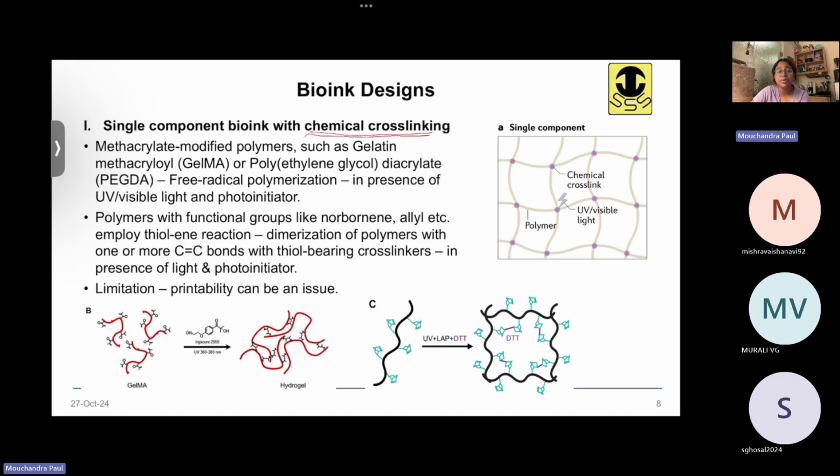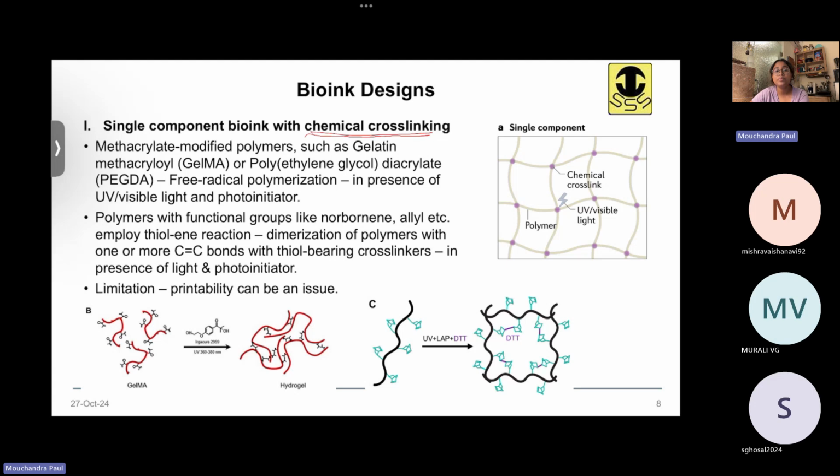When we talk about chemical cross-linking, we mean the formation of covalent bonds among the polymer chains. Physical cross-linking is reversible in nature. Physical forces like electrostatic forces, ionic cross-linking, or entanglement between the polymer chains are all reversible. But chemical cross-linking is permanent.